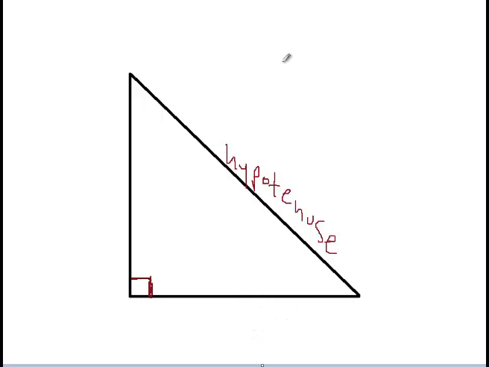Now, the trigonometric relationships are the sine, the cosine, and the tangent. And these are relationships that regard any particular angle. Let's take this angle over here. We're going to call it by the Greek letter theta, which is usually used for whatever reason in using trigonometric functions.